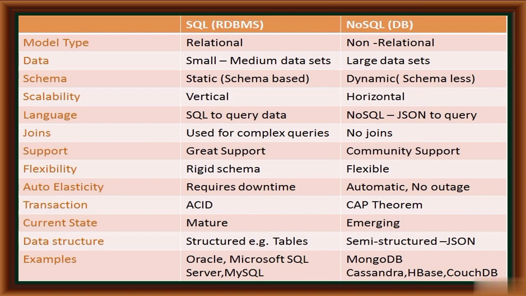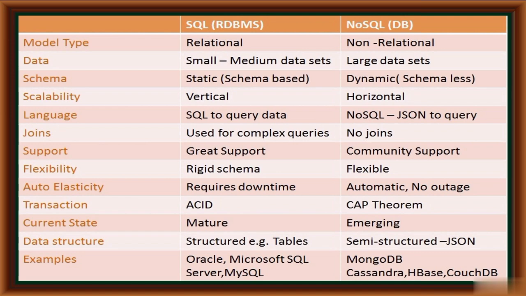With a traditional database, the model type is relational. NoSQL is non-relational. Traditional databases deal with small to medium data sets, while NoSQL databases can handle large data sets.